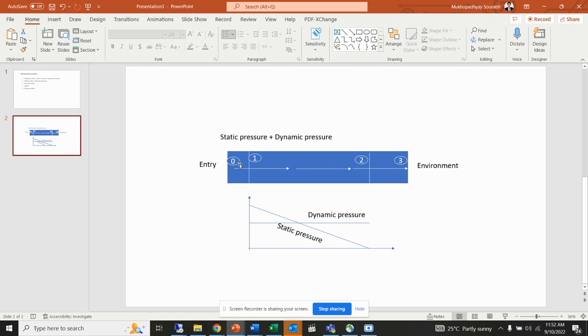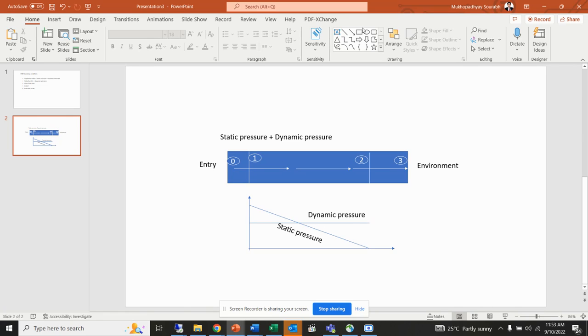Dynamic pressure is the counterpart of the static pressure, and it defines the velocity with which the water is going through the pipe.